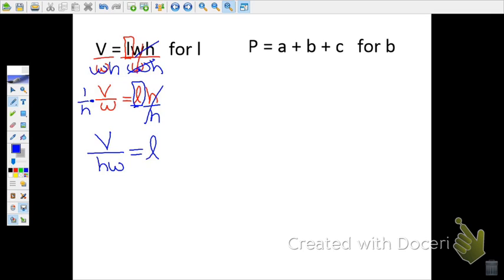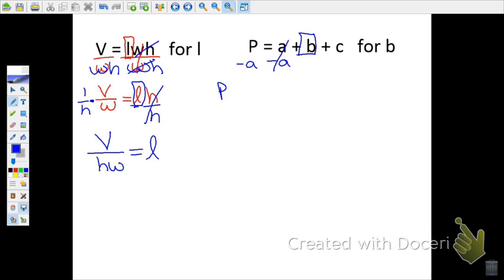Next one, we have P equals A plus B plus C, and we want that B all by itself. So what are we going to do? Subtract. Okay, so I can subtract A from both sides.